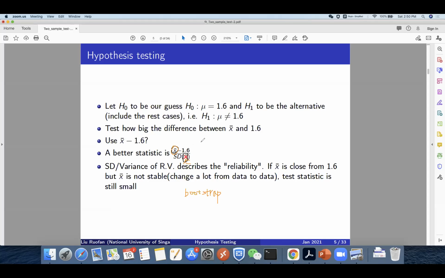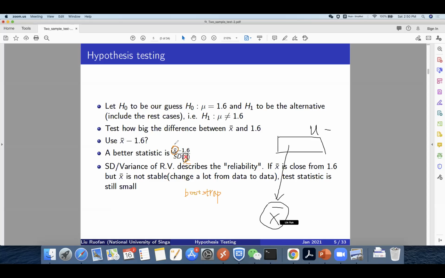This is the observed x bar. Yeah, but we have a lot of observations, right? I'm not sure whether I understand it correctly. So this is the unit, this is all the x. Let's say the x to be u, and we sampled multiple times. So this is big X bar one.